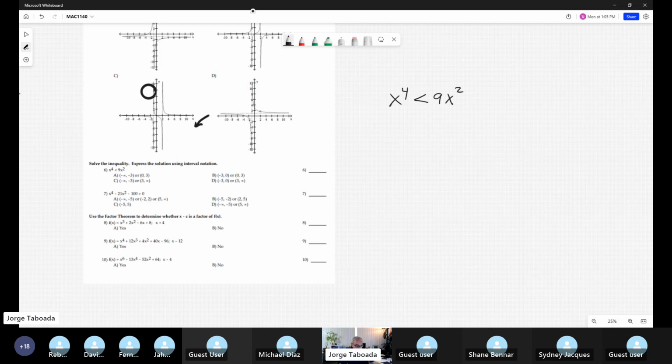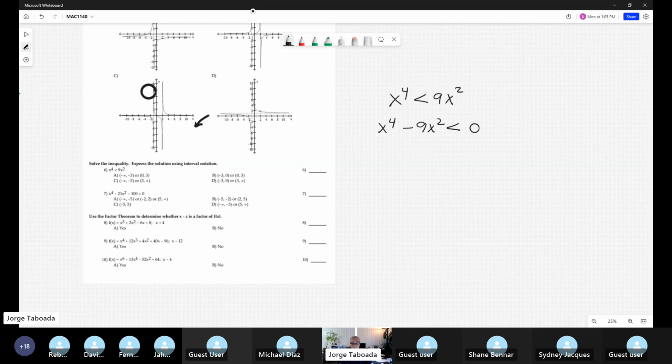And remember, extremely important: to solve any polynomial inequality or rational inequality, it is mandatory, guys, that you manipulate the expression in order to express the right-hand side as 0. So you copy x to the 4th power minus 9x to the 2nd power less than 0. This is super important. If you don't do that, I suppose you never get the answer.